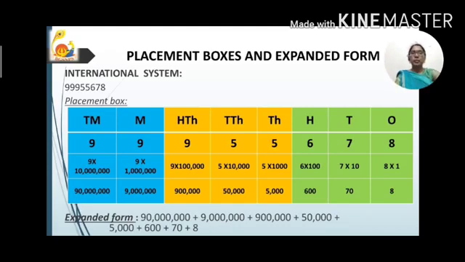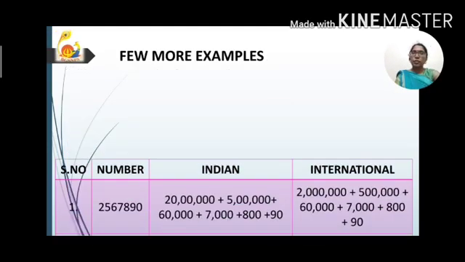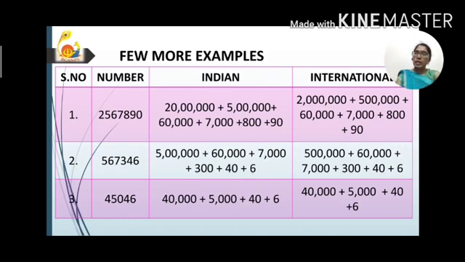Now, we will see a few more examples. There we have seen the Indian system and international system separately for writing the expanded form. Here we will see them together. Now here 2, 5, 6, 7, 8, 9, 0. In the Indian system, 2 is in which place? 10 lakhs place.